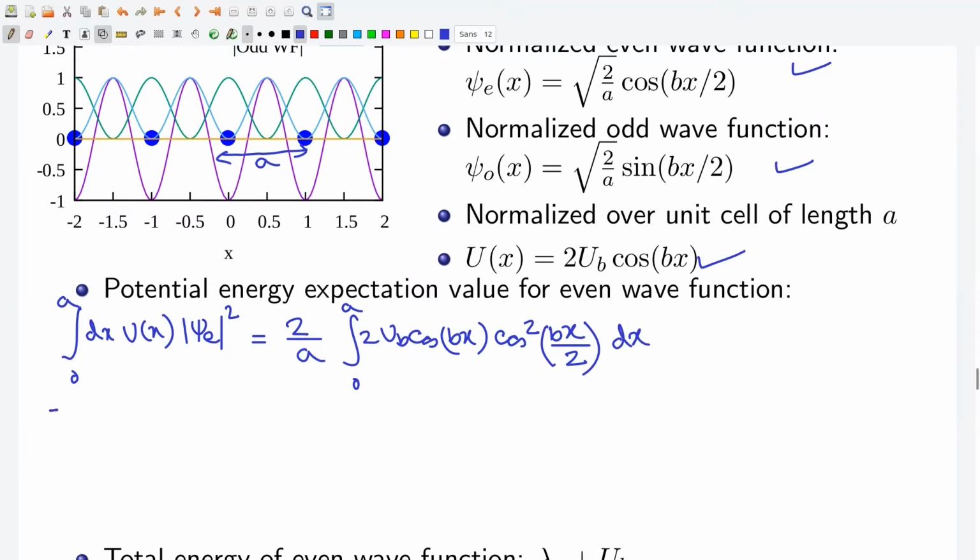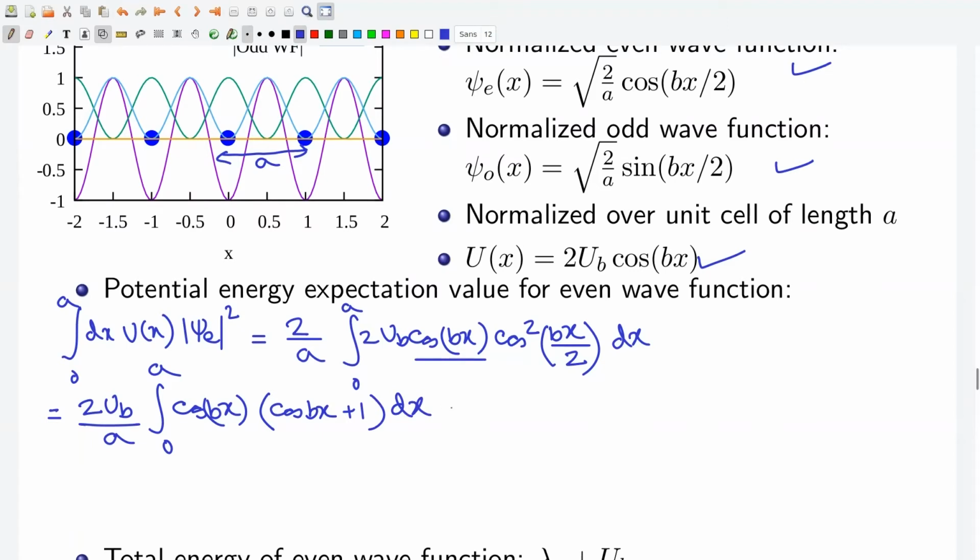Then rewrite this as 2 u b by a integral 0 to a, and we have this term cos of bx, and then we have 2 times cos square bx by 2, which is equal to cos of bx plus 1, dx.